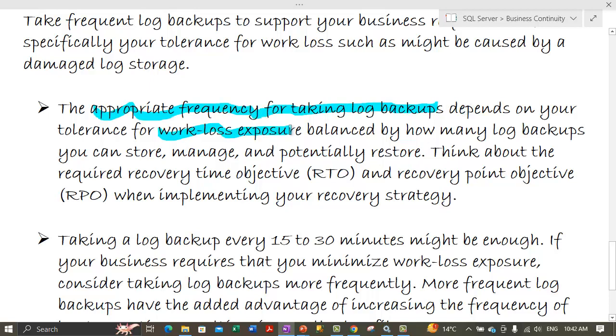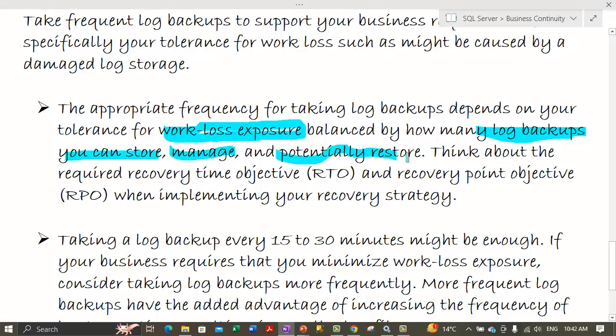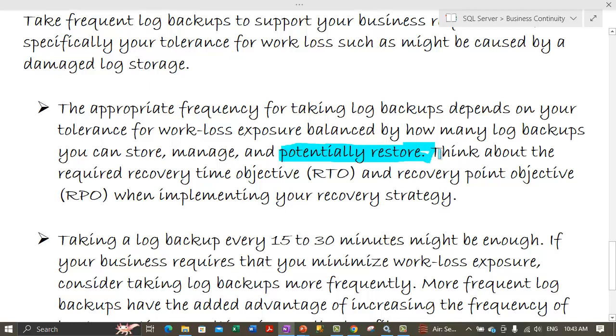First is the work loss exposure: how much work loss exposure is permitted as per our organization. We should also balance it with other factors, like how many log backups we can keep in our storage, and manage and potentially restore. Sometimes it is not feasible to restore like 50 transaction log backups. So it depends upon these factors how frequently we should be taking transaction log backups.